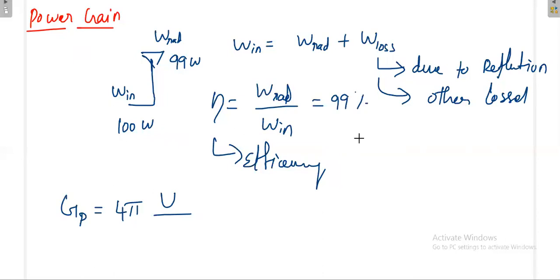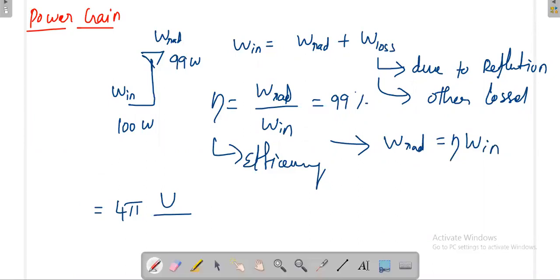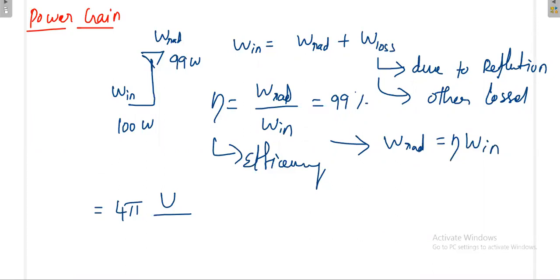So what is W radiated? Simply eta into W in. The general formula of directivity is D equal to 4 pi U divided by W radiated. How can I replace W radiated?